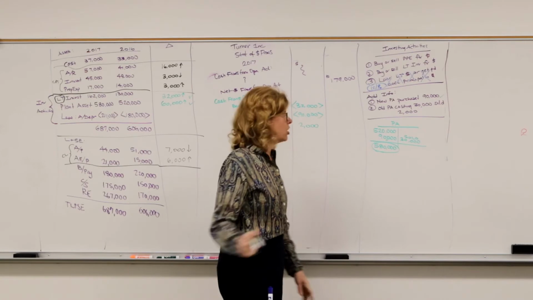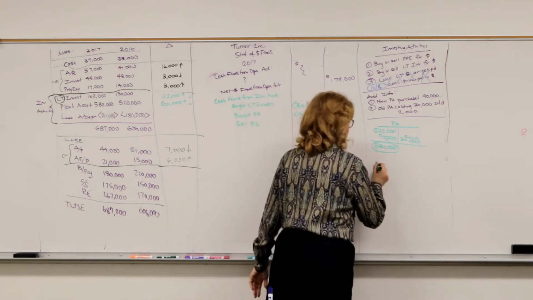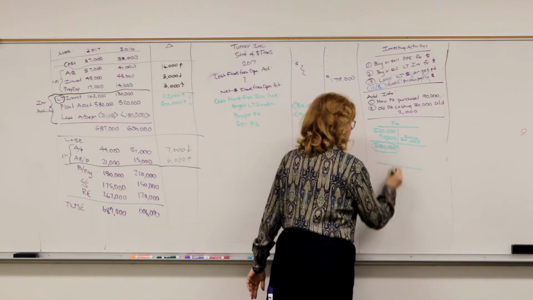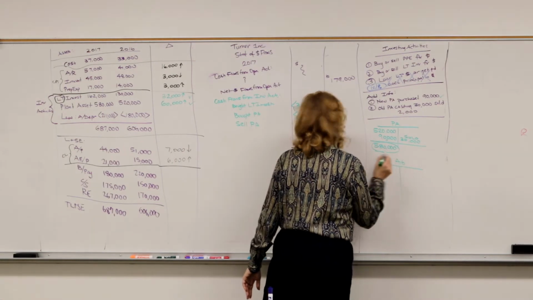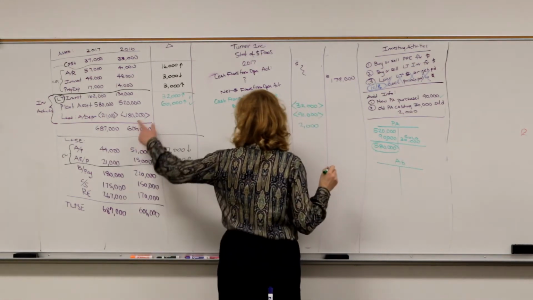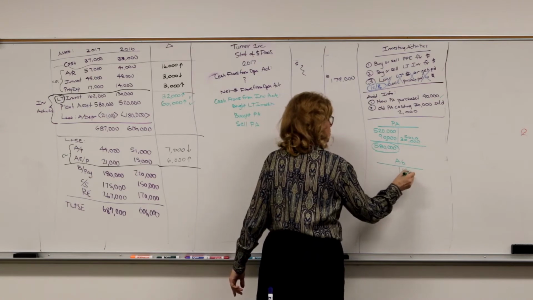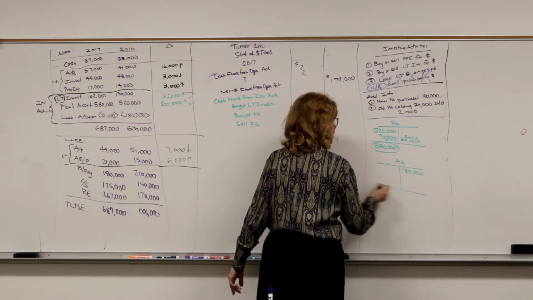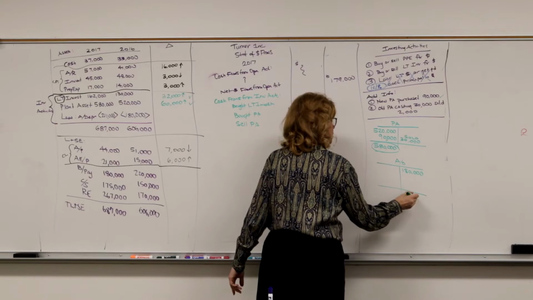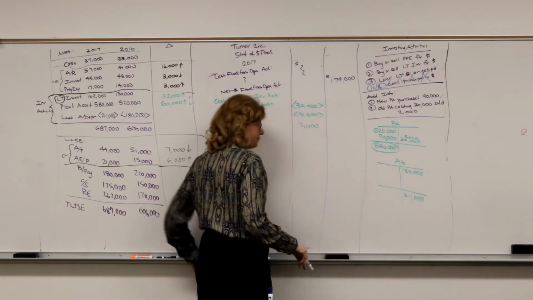And then I want to look at accumulated depreciation. So be careful, follow me here for a minute. Accordingly, at the beginning of the year, accumulated depreciation was $180,000. And at the end of the year, $211,000.